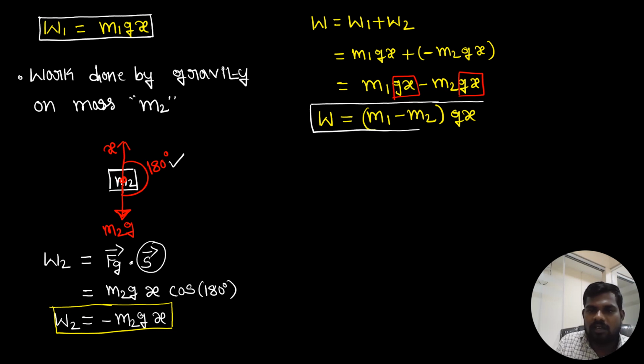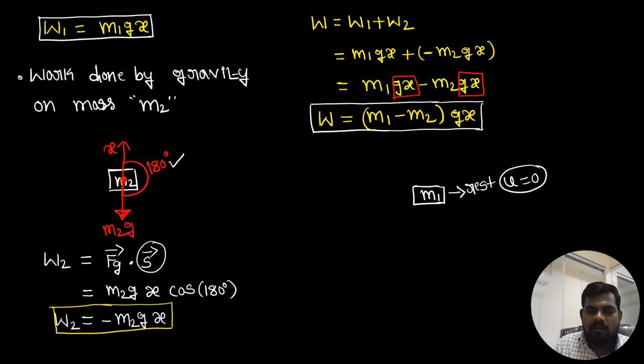So here the body is coming down, with displacement x. Initially, suppose you see the diagram, m1 is at rest. Initially this is at rest, which means initial velocity u is equal to 0.